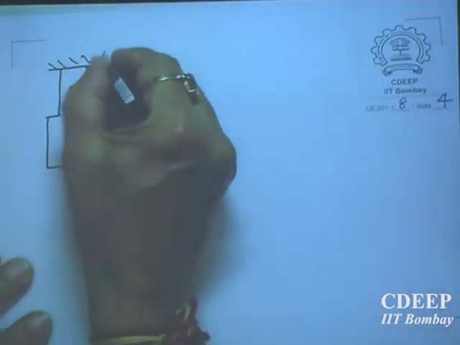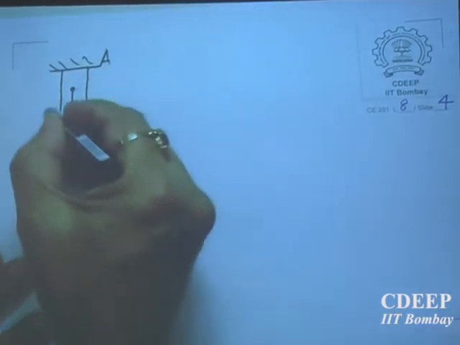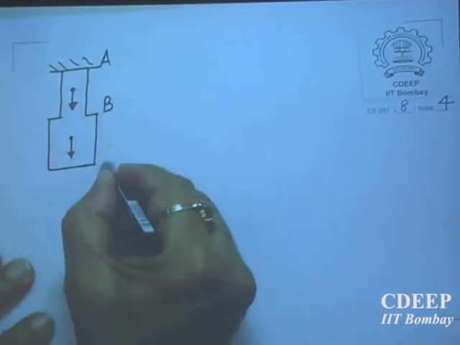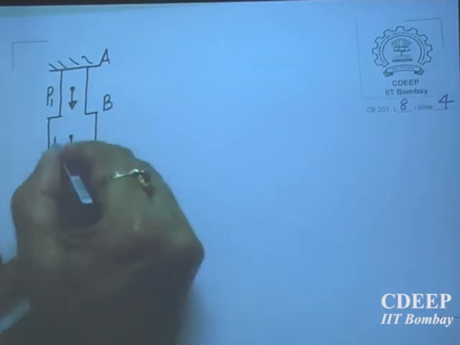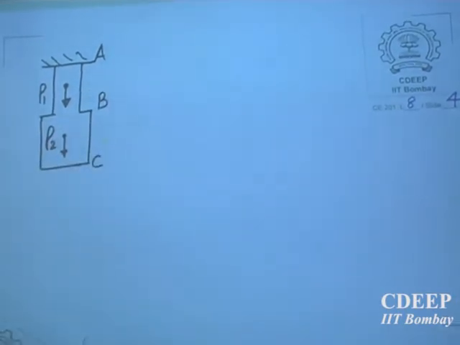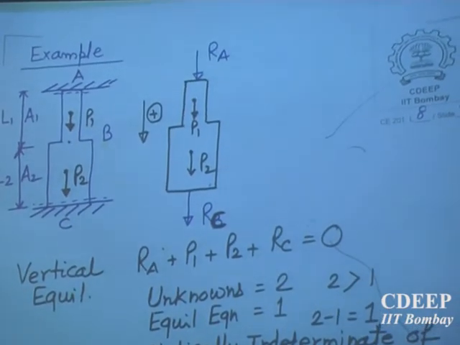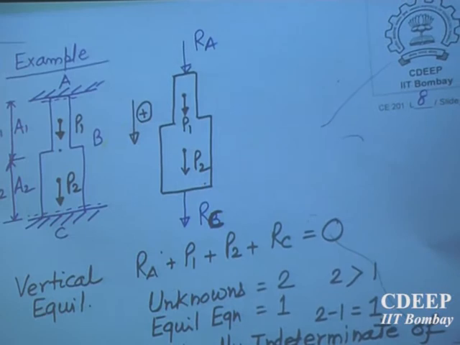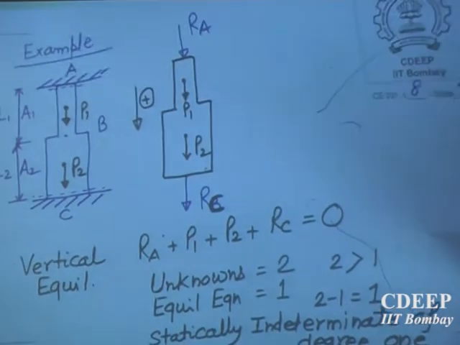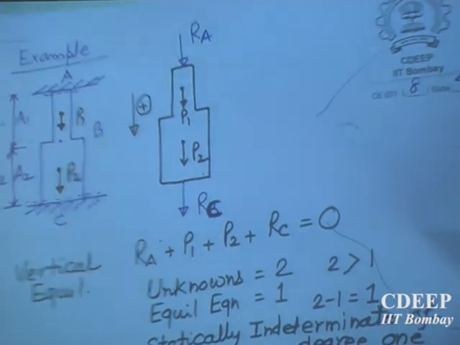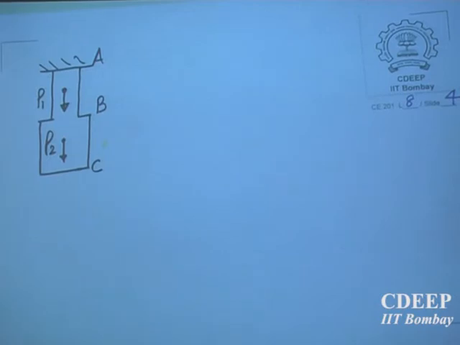So this is now my A, this is B, this is C, and this is P1, and this is P2. This is determinate, because I can solve a determinate problem. That is not the real problem, but yes, I can solve it.